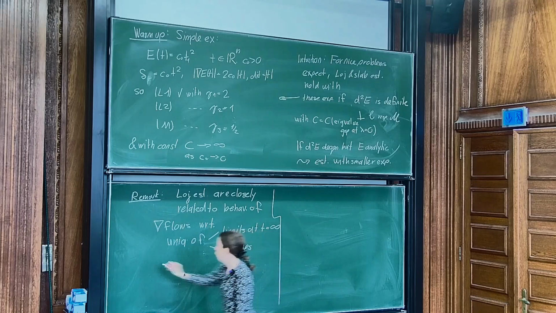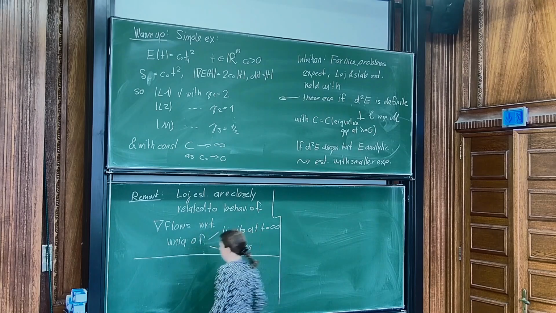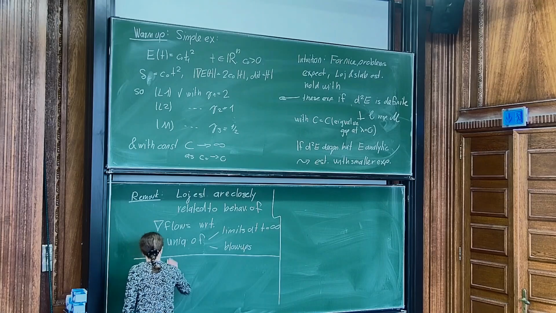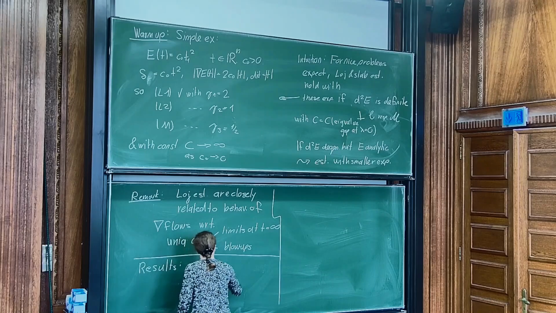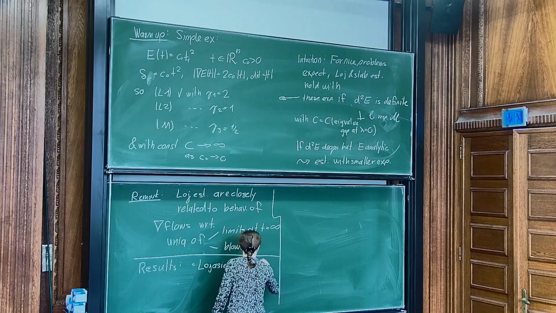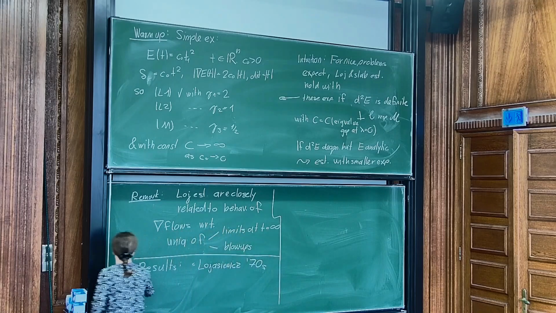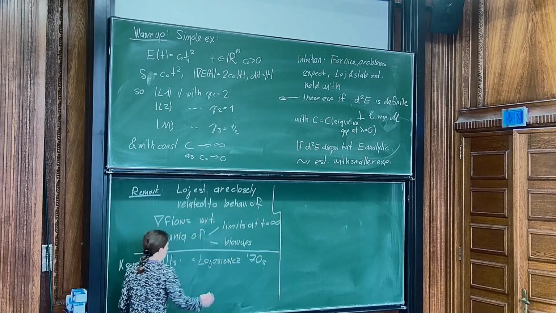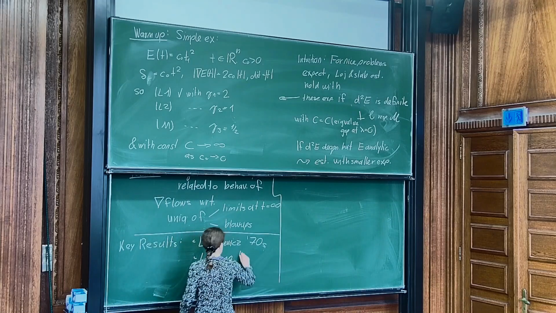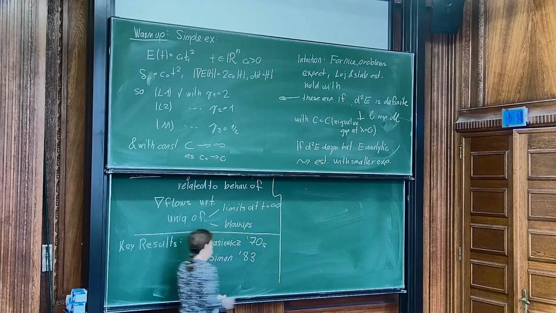This whole study goes back to the work of Łojasiewicz in the 70s. So key results in this context. And then by Leon Simon, who extended this in '83 to PDEs.